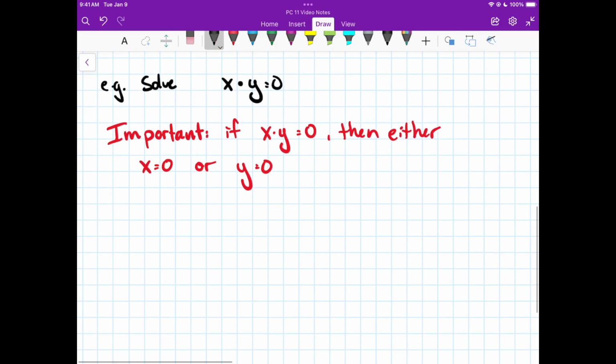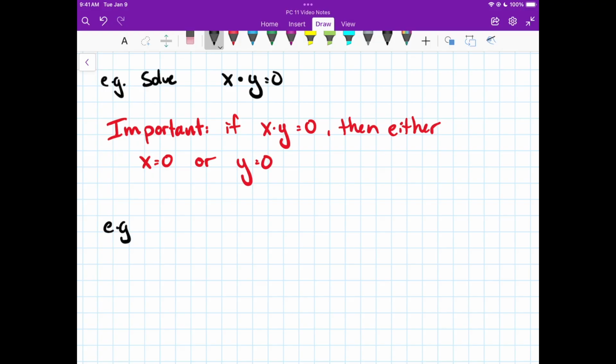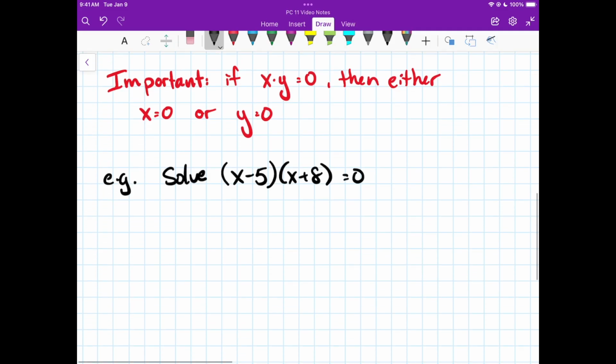And so let's extend this into more complicated polynomials. So if I ask you to solve something like (x minus 5) times (x plus 8) equals 0, which you'll notice is basically what we'd get after we factored something. So the only way to get 0 out of this, because we're multiplying two things, right? We're multiplying x minus 5 times x plus 8. So let's imagine those are basically like an a and a b, something times something.